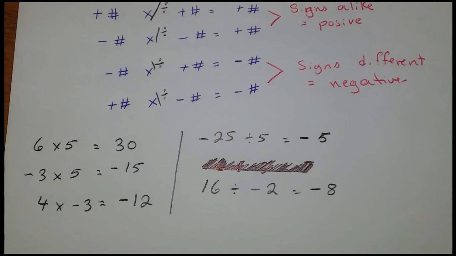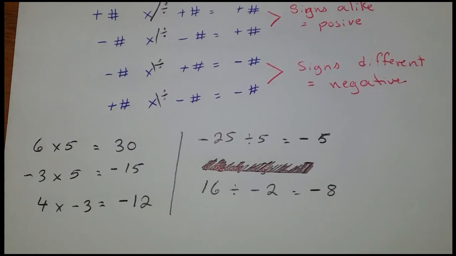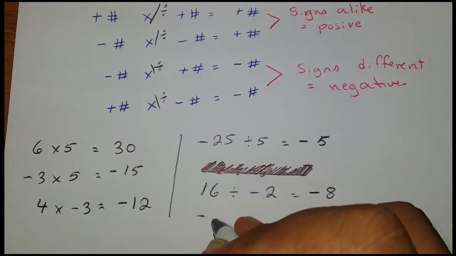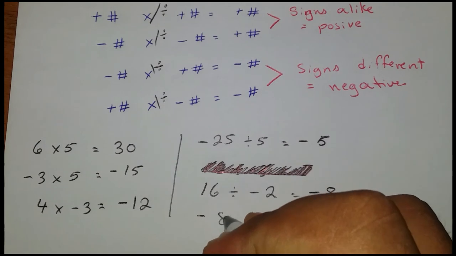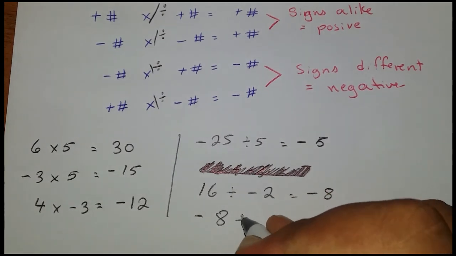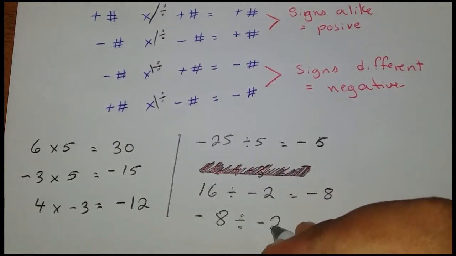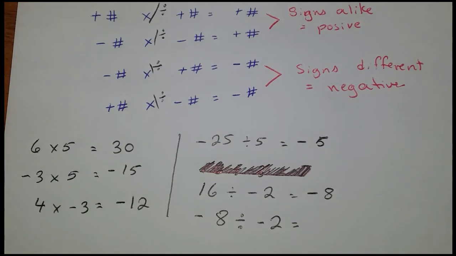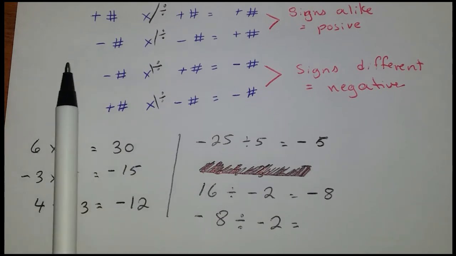One more. If we have negative 8 divided by a negative 2. Negative 8 divided by a negative 2, we know that negative and negative, let's see what we get.